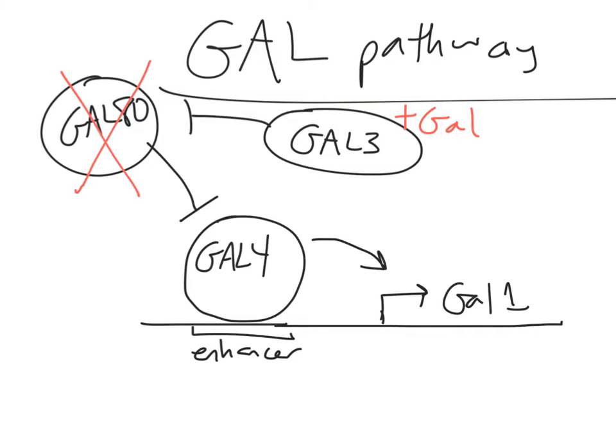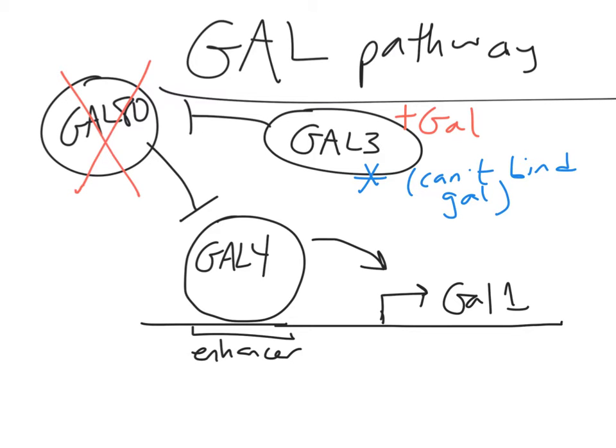What would happen if you had a mutation of gal3 so that it couldn't bind galactose? What effect would that have on this system? So galactose is present, gal3 can't bind to it.